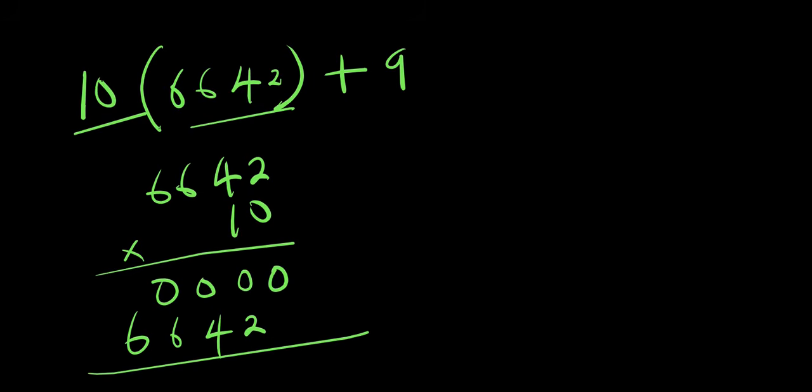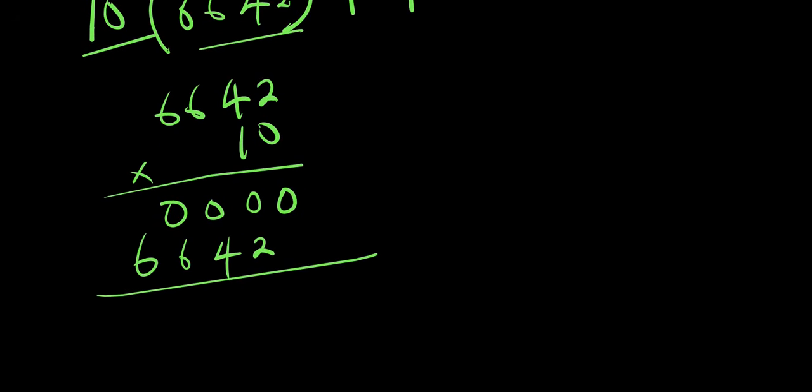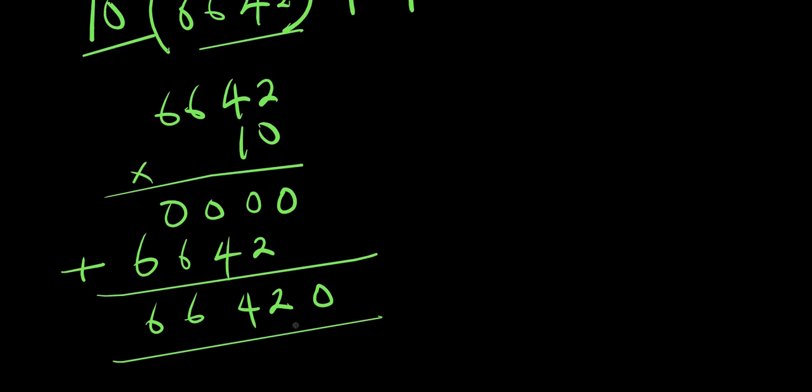So we add up. This is 0, this is 2, this is 4, this is 6, this is 6. So you have 66420.